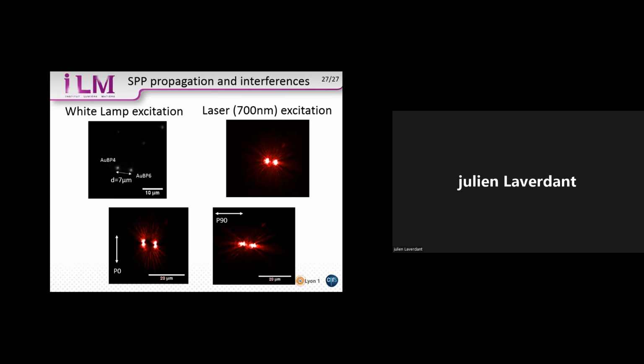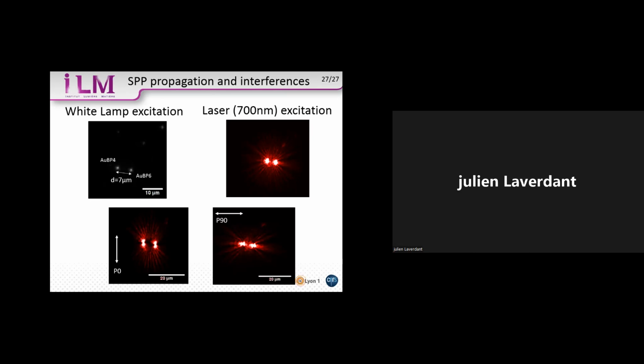So you can see what is interesting. The interesting thing is that if you want to achieve, for example, what you can call FRET, Forster resonance energy transfer, of a molecule from a donor to an acceptor, with this kind of photonic device you can achieve a higher distance.